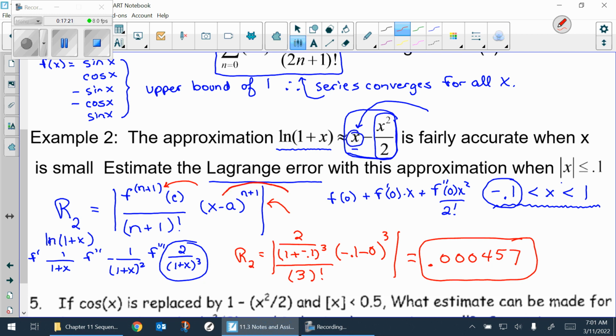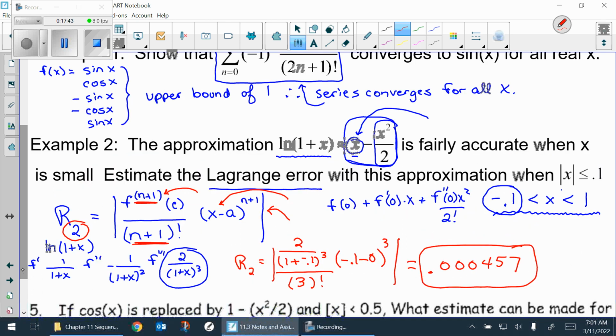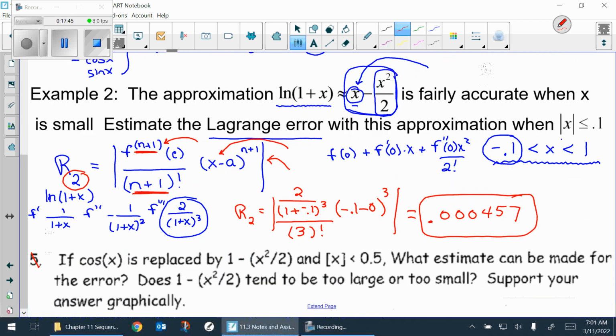One of the endpoints minus the center. Know how many derivatives you did use so that you know what n plus 1 has to be. I'm going to take some practice. This thing right here, we're not doing this one. That's actually one of the homework questions.